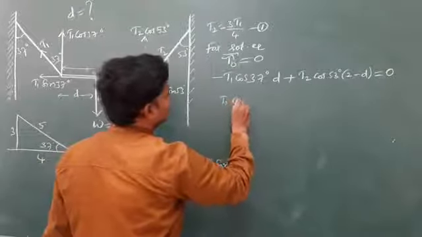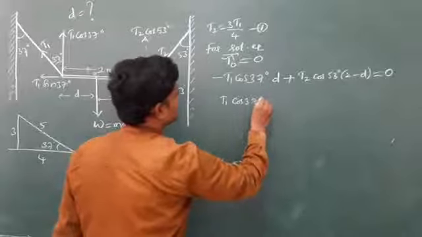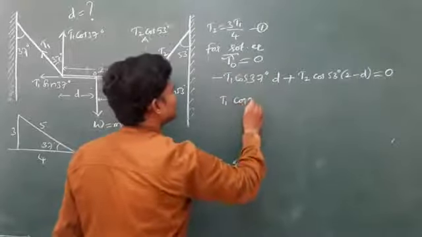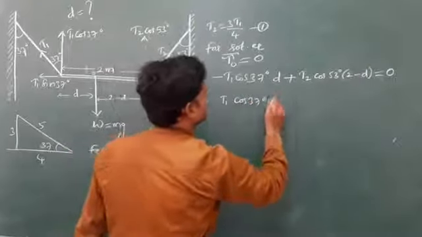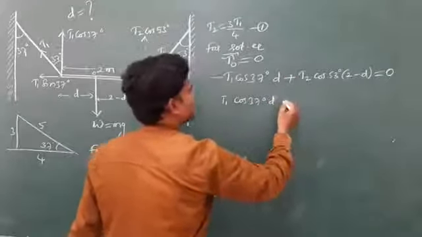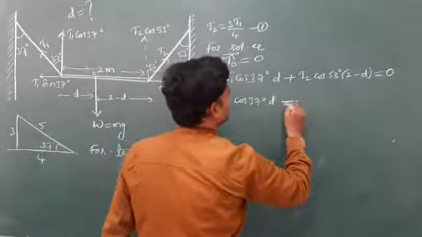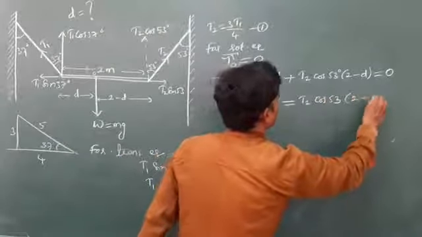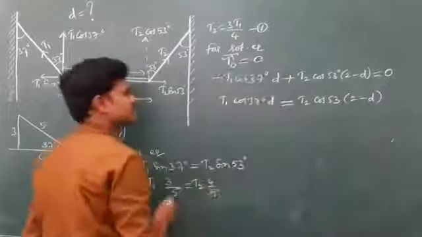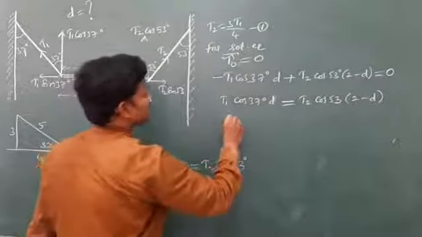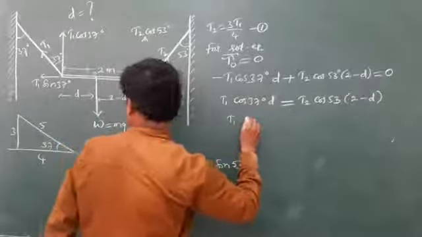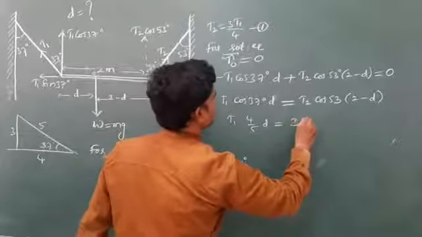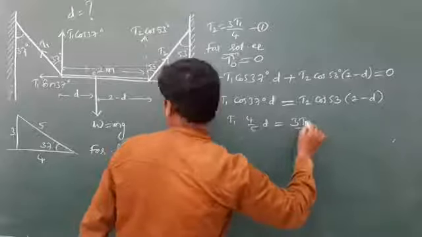T1 cos 37 into D equals T2 cos 53 into 2 minus D. Verify the simplifications. T1 as it is, cos 37 is 4 by 5, times D. T2 is 3 T1 by 4, cos 53.